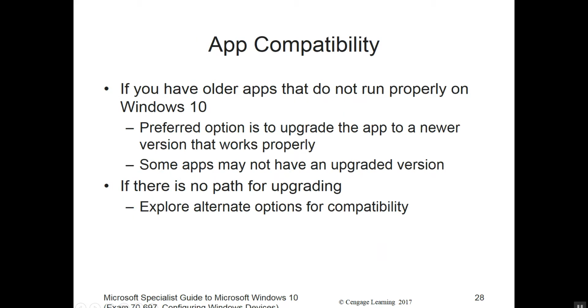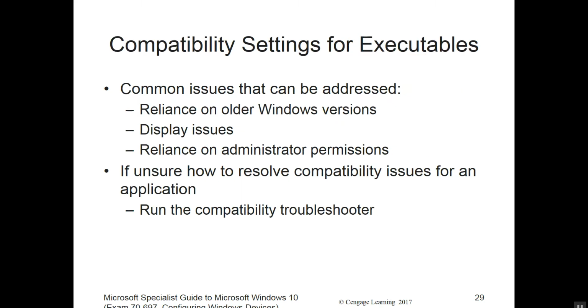If you have older apps that don't run properly on Win10, the preferred option is to upgrade the app to a newer version. Some apps do not have an upgraded version. You've got compatibility settings for executables. Common issues that can be addressed are reliance on older Windows versions, display issues, and reliance on administrative permissions.